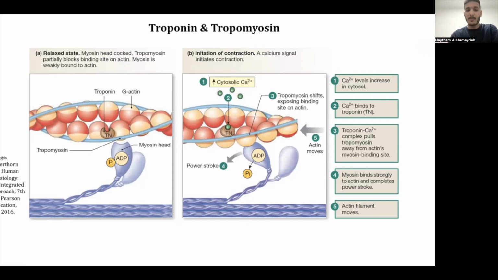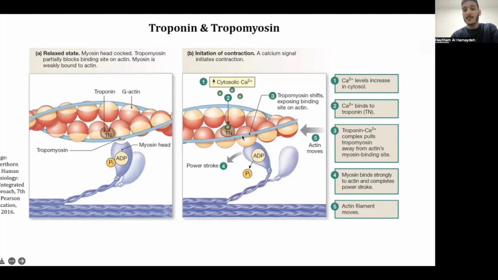So how does this happen? Calcium is the main molecule needed, okay? So if calcium is present around those two components of actin, calcium binds to the troponin C part of the troponin molecule. And so it probably changes its conformation. And when troponin changes its conformation, it will move tropomyosin a bit.